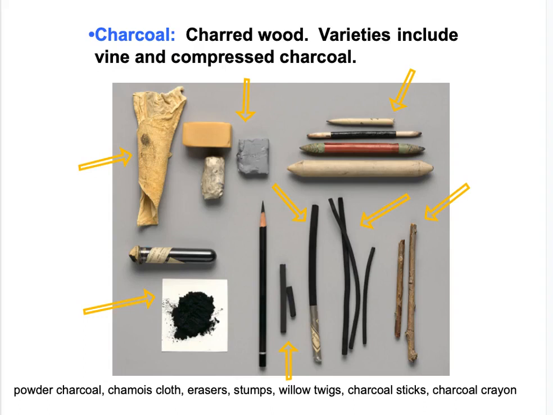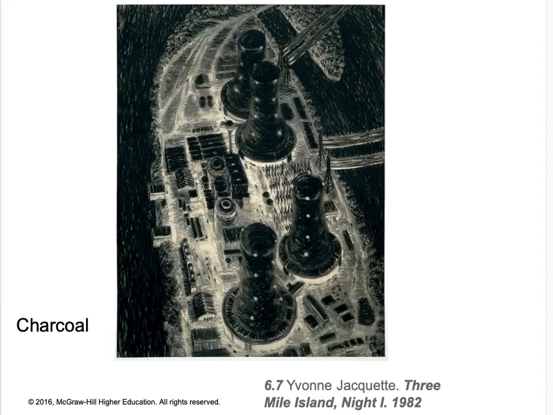So we'll look at an example of a charcoal drawing. This one, Yvonne Jacquet, Three Mile Island, Night 1. She did a study of this nuclear reactor on Three Mile Island, and as you can see, where it's white, that's where the paper has been purposely left without as many marks on it. But look how dark and rich and just this truly high contrast, to use a word from an earlier lecture.